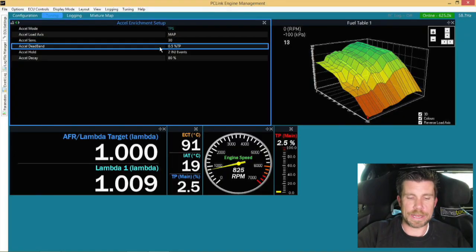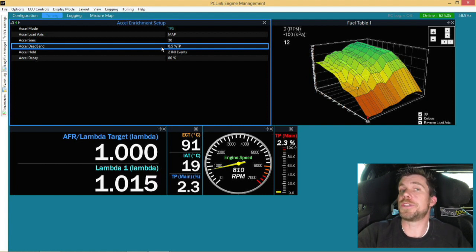Now, next one we've got here is an acceleration deadband. The danger with acceleration enrichment, and I have had this in a lot of instances and I've chased my tail and wasted a lot of time with it, is the input of additional fuel is based on throttle position. So if you're changing the throttle position, it's possible or probable that we're going to get acceleration enrichment being added.